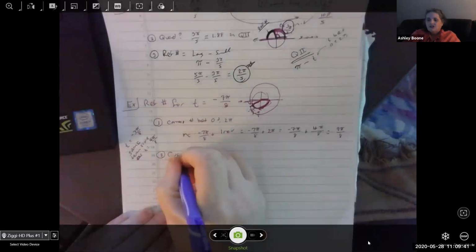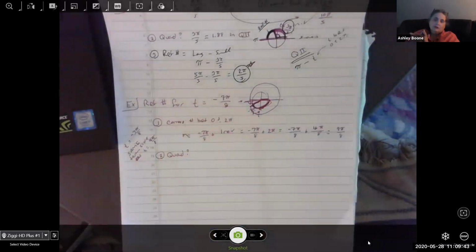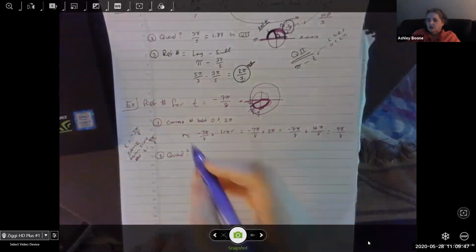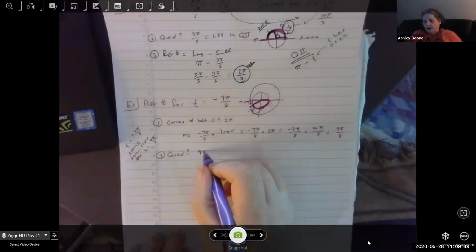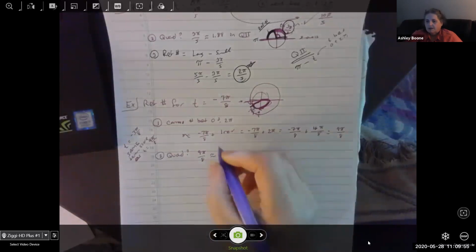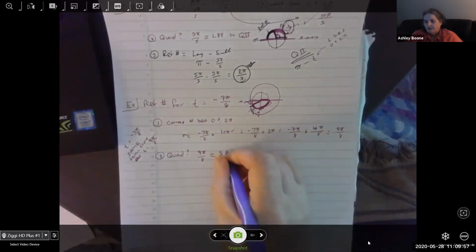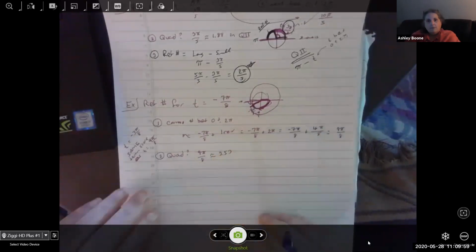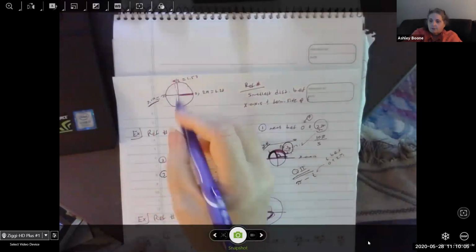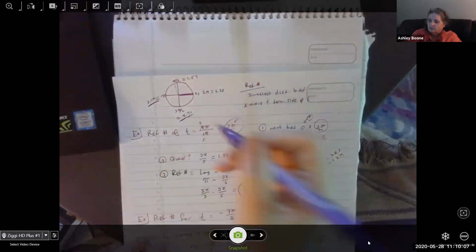I've already drawn this and shown you that it's in quadrant 3. But again, you can estimate 9 pi over 8, which is approximately 3.53. Now remember, let me go back to my original circle here. Pi is 3.14. 3 pi over 2 is 4.71.